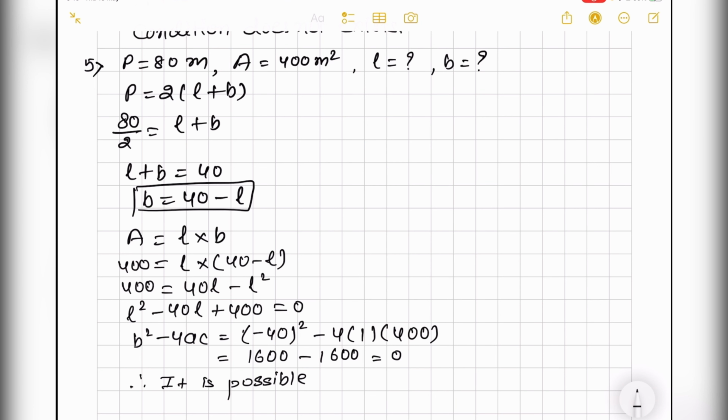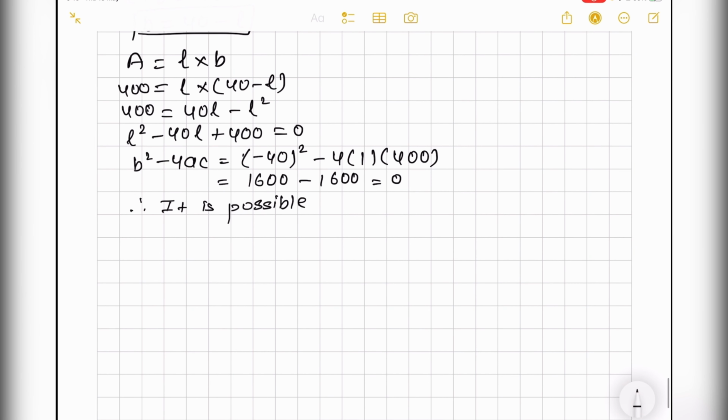Now he has asked me to find the length and the breadth also. So here how I can find, see, L square minus 40L plus 400 equal to 0. Now I have to multiply A and C. So A is 1 and C is 400. So 400 such factors I have to find whose sum is minus 40. One way is that.